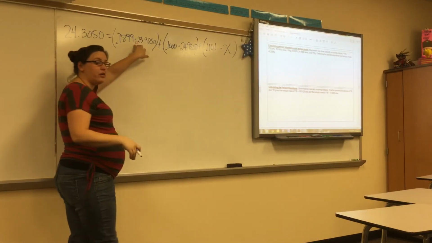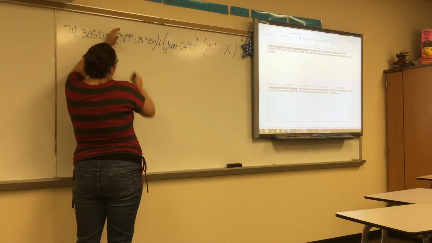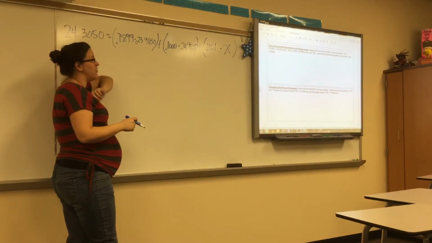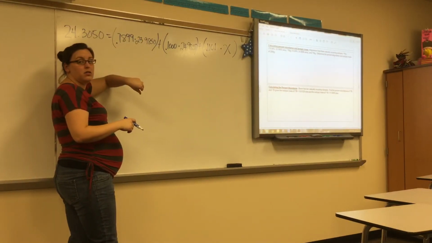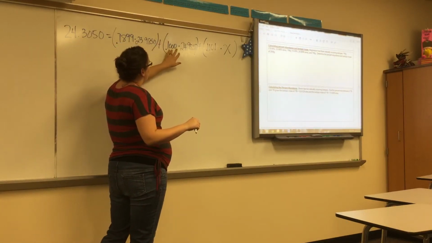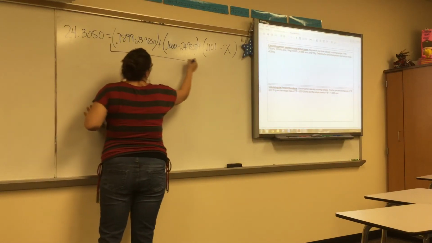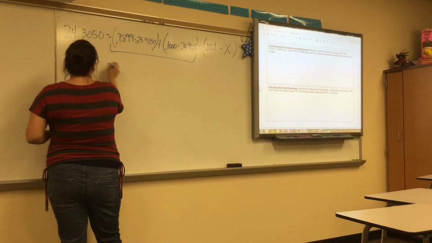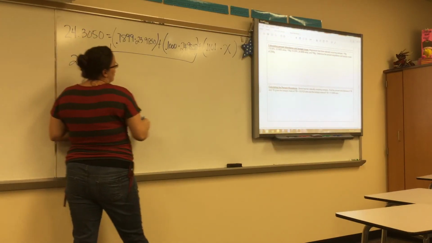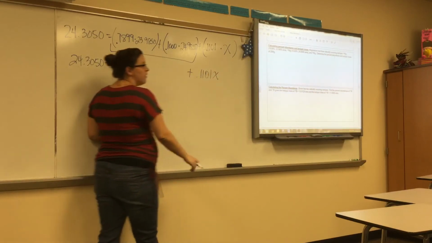So using your calculator, use parentheses. Let's take parentheses 0.7899 times 23.9850, close parentheses. Plus parentheses 0.1 times that number, and let's figure out what this portion here represents. Everything else will copy down the same, and this will essentially be 0.1101x.